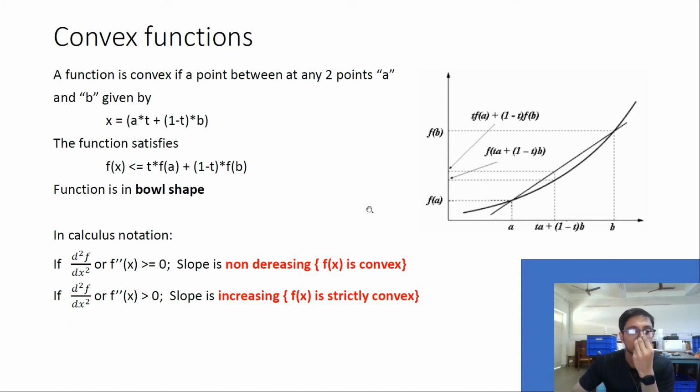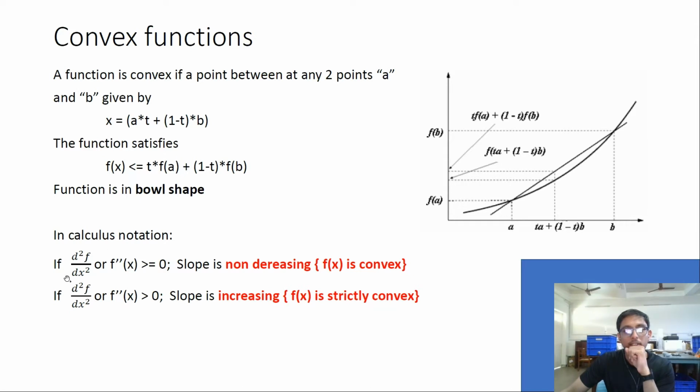So how do I identify if a function is convex or not? As Rito already has told you, calculate the first derivative and second derivative for maxima and minima. We also have to do the same. You calculate the first derivative, put it equal to 0, and get the stationary point.